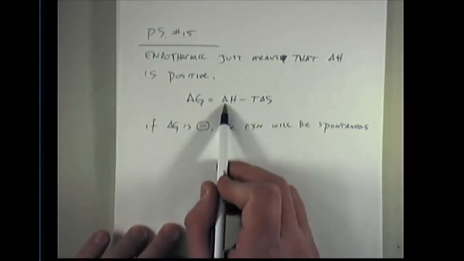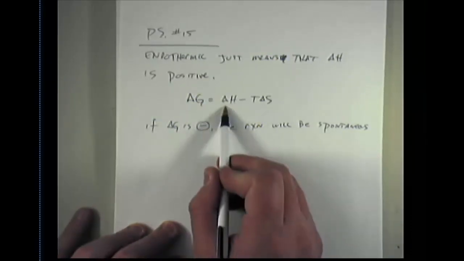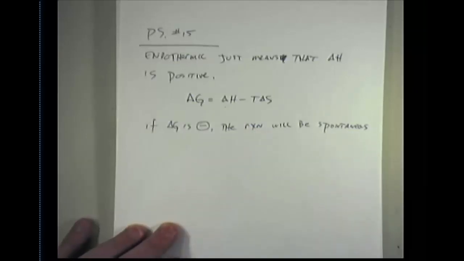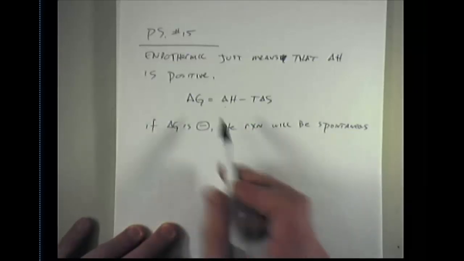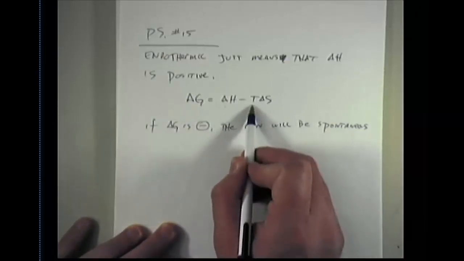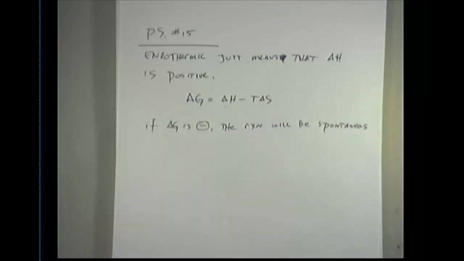If I have a positive delta H value, that is an endothermic reaction, I could still have a spontaneous process, a negative delta G, if my temperature is high and or my delta S is high and positive.